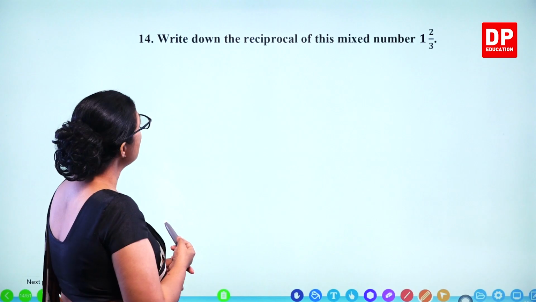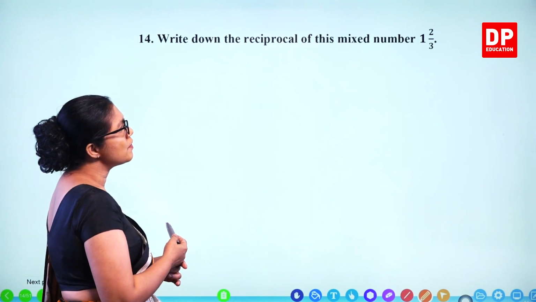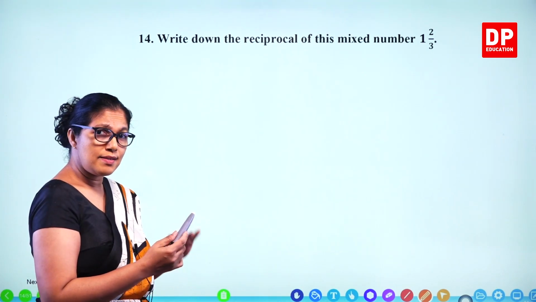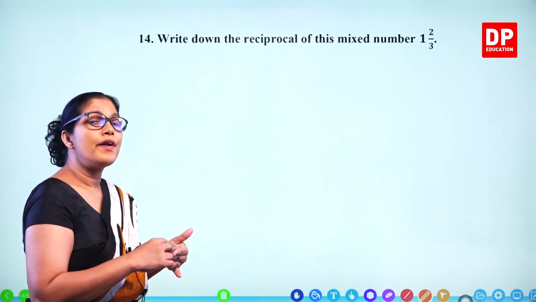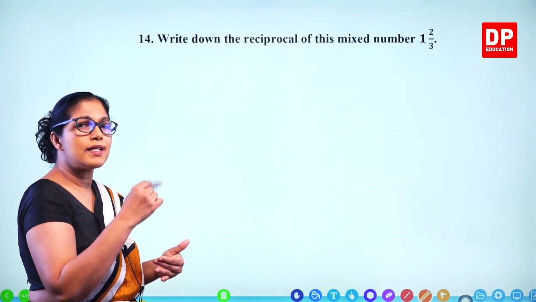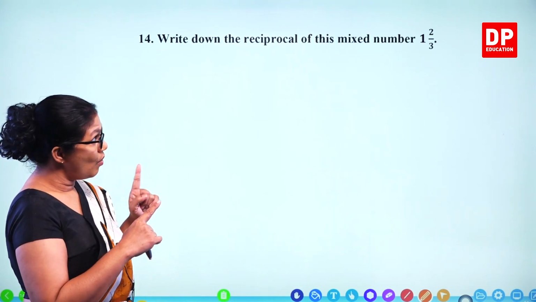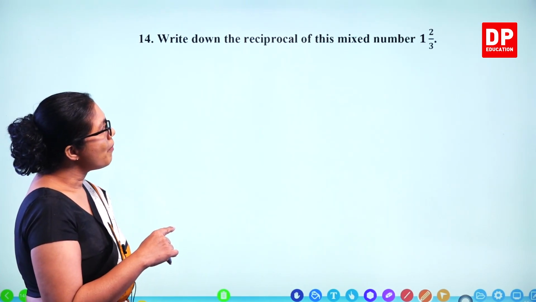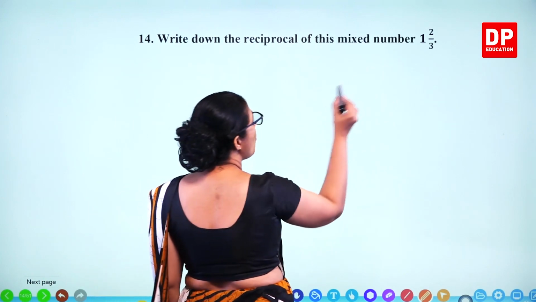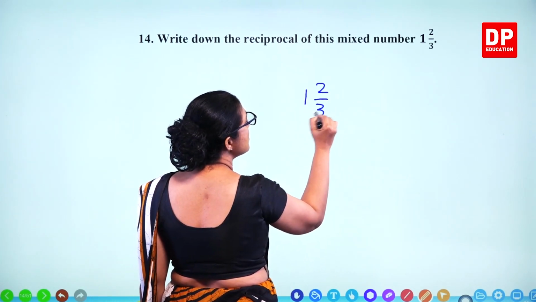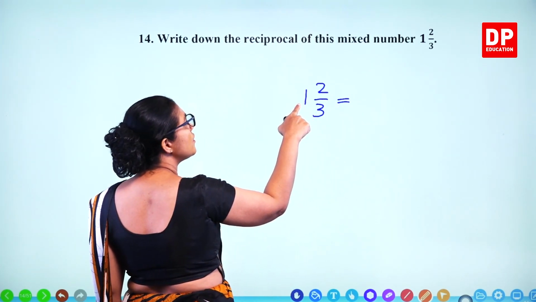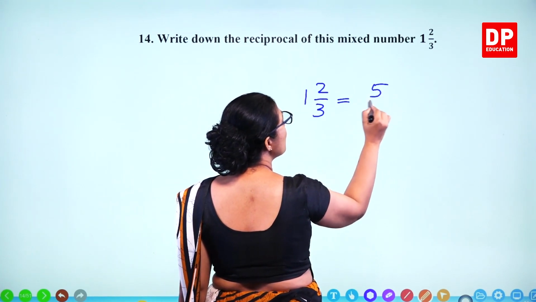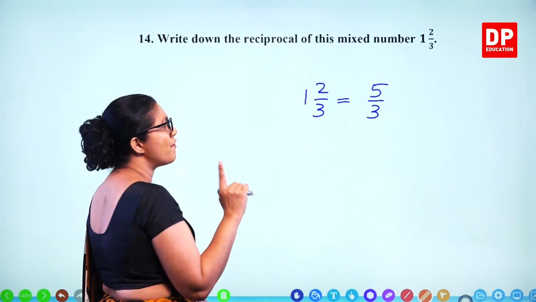Question number 14. Write down the reciprocal of this mixed number. Reciprocal means taking it upside down. The numerator goes to the denominator, and the denominator comes to the numerator. Now, this is a mixed number, so first you have to convert it to an improper fraction. 1 2/3 is the same as 3 times 1, 3, plus 2, 5. 5 over 3 as an improper fraction.